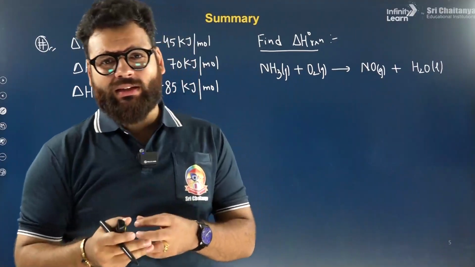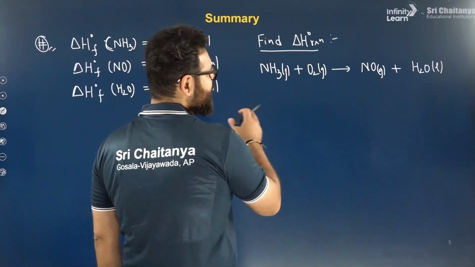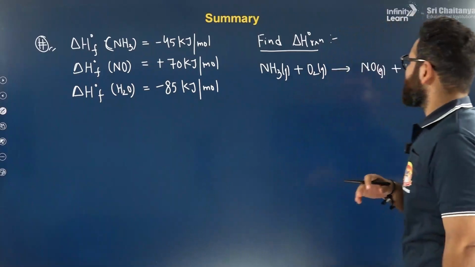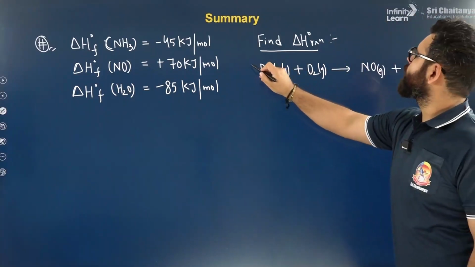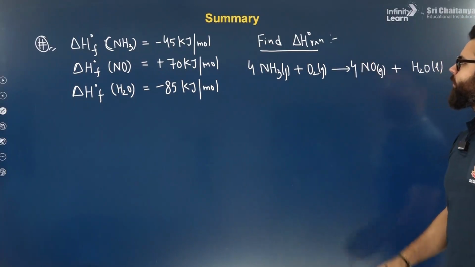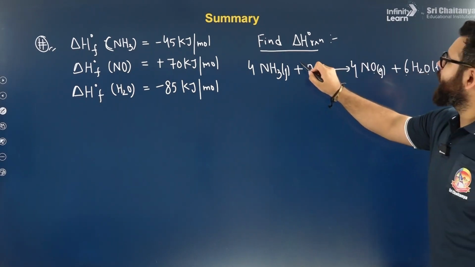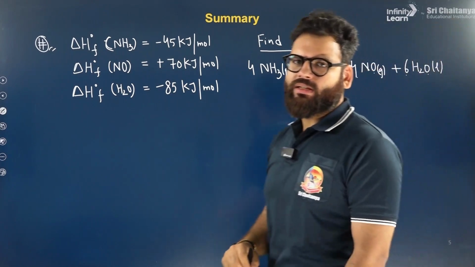So they have balanced the reaction as 4 ammonia giving 4 NO and 6 H2O, with 5 oxygen. This is the balanced reaction.